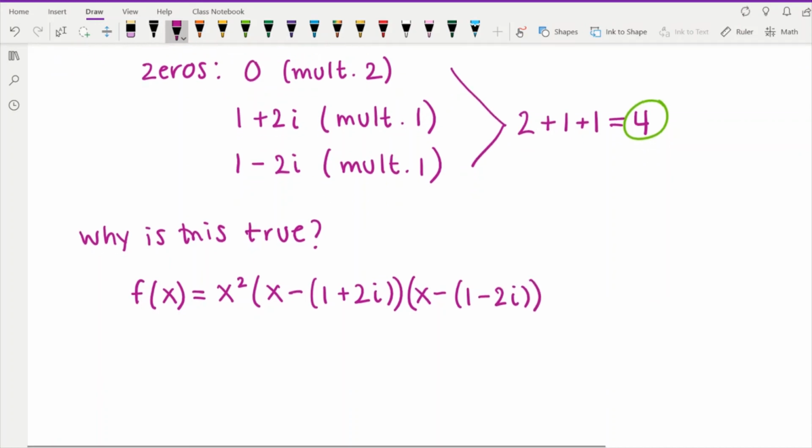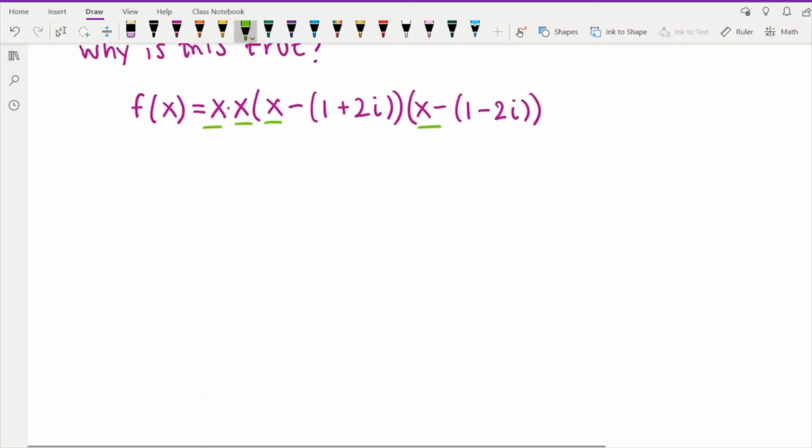Notice that for every zero, we have a factor. We could even write x squared as x times x. Because every zero gives you a factor, when you multiply all this together, how many x's are you going to get? You're going to get 1, 2, 3, 4 x's, so the highest power is going to be x to the 4th. Because every zero gives you a factor in the factorization, that's where the highest power comes from.